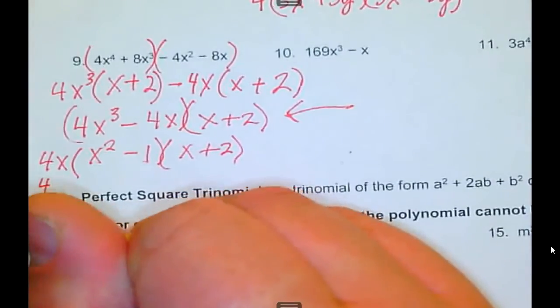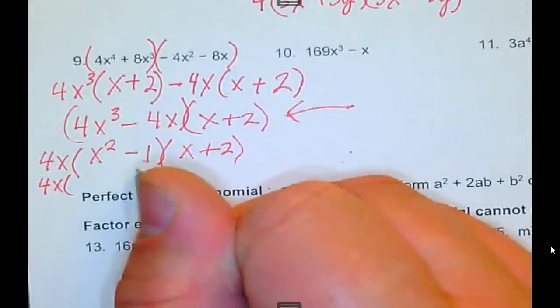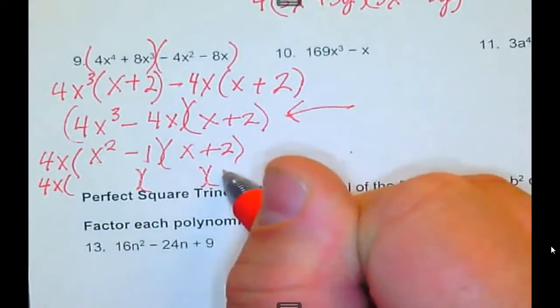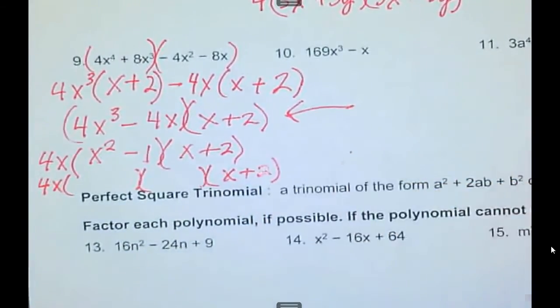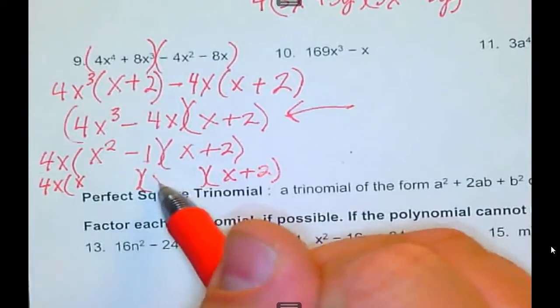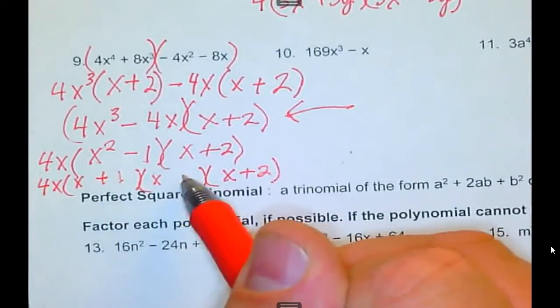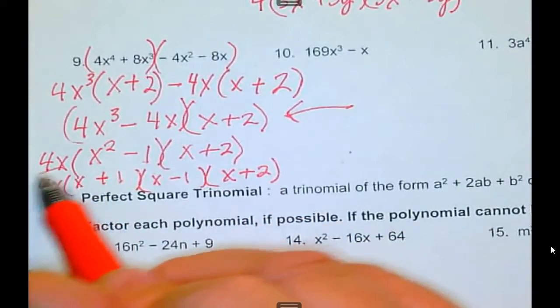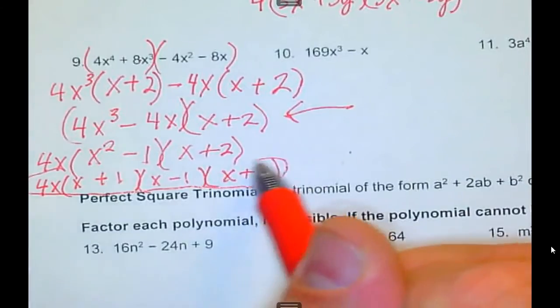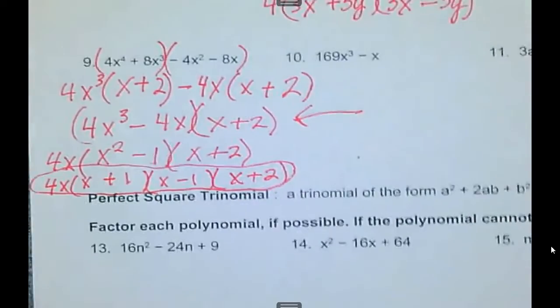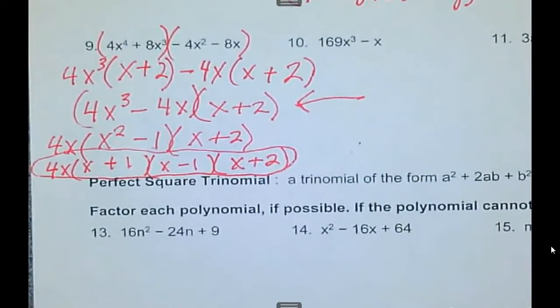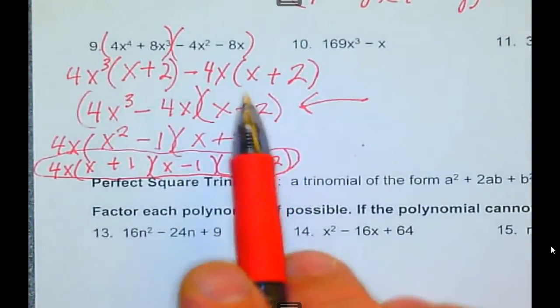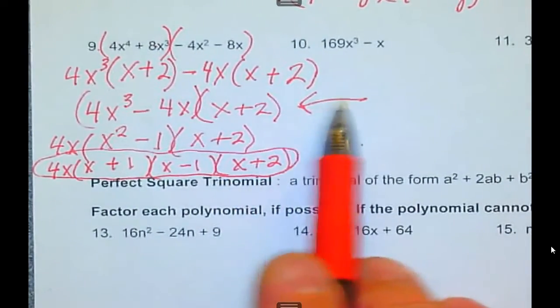So I can take my 4x, have my x plus 2, x plus 1, x minus 1. This is fully factored. You will be able to do that in Algebra 2. They would expect you to get that far. In this class, I'm good with that right here.